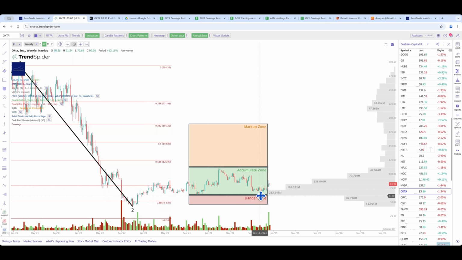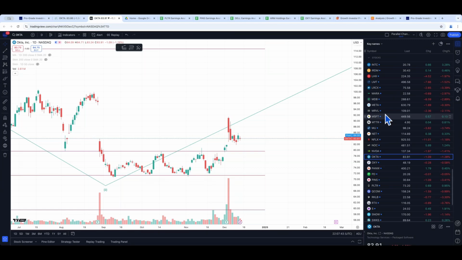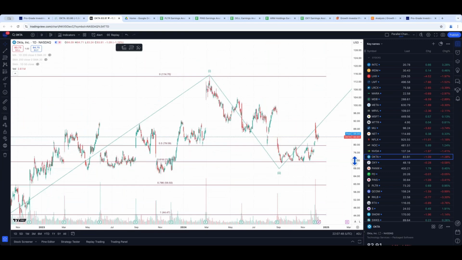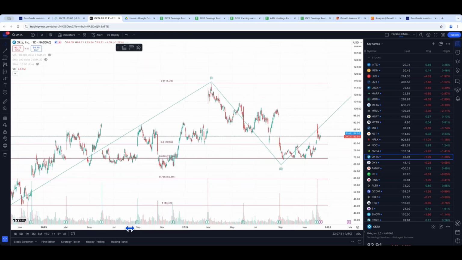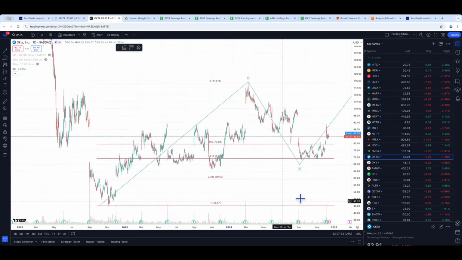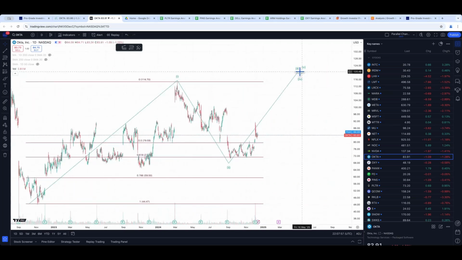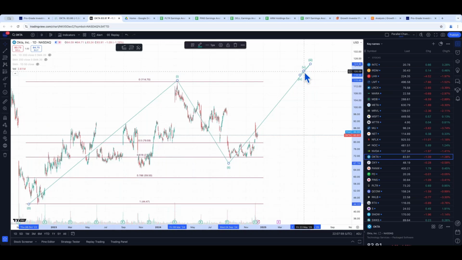If we zoom in a bit on Okta, I think you can definitely remain bullish on this. This is a daily chart that goes back to the bear market lows. And if you ignore the noise, and there is a lot of noise here, then I think you would probably say, here's your bear market low, 45.